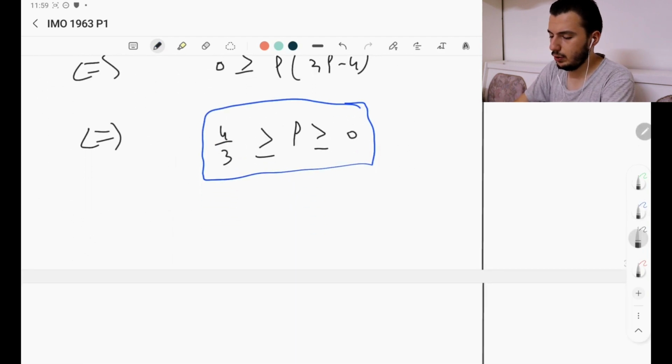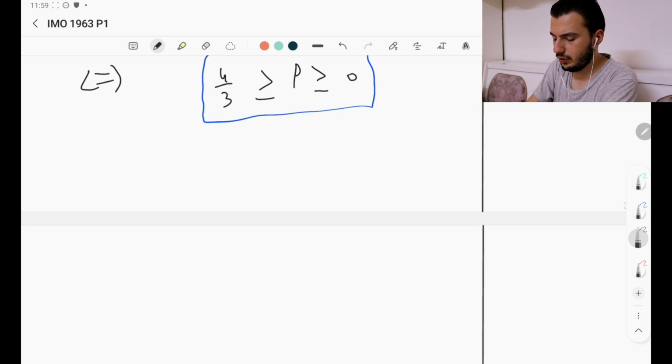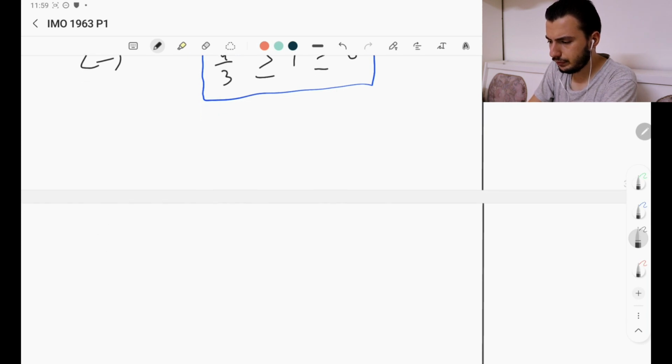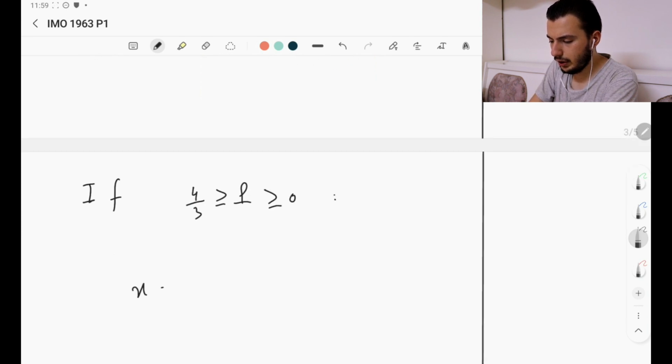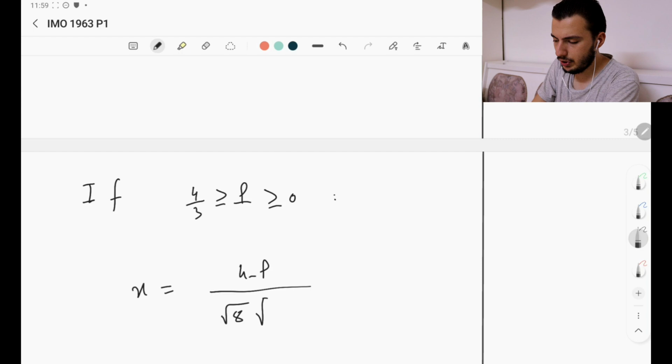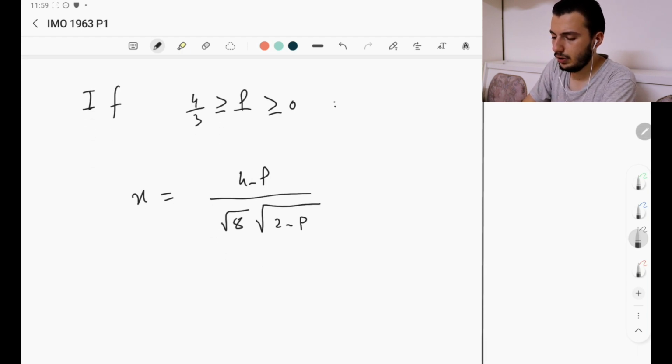So we can just write: if p is between 0 and 4 over 3, then x is equal to 4 minus p over root 8 times 2 minus p. Else, no solution.